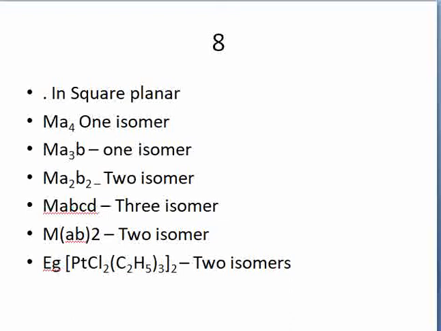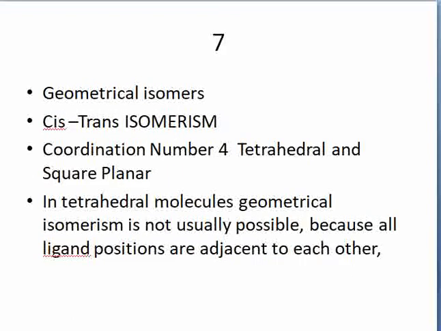Next one, stereoisomers, the geometrical isomers. We can expect cis-trans isomerism from the point of view of geometrical isomers. For coordination number 4, there are two types, tetrahedral and square planar complexes. Here I am giving only the important points from the examination point of view.